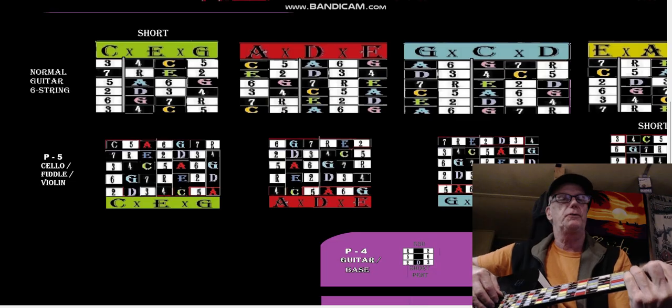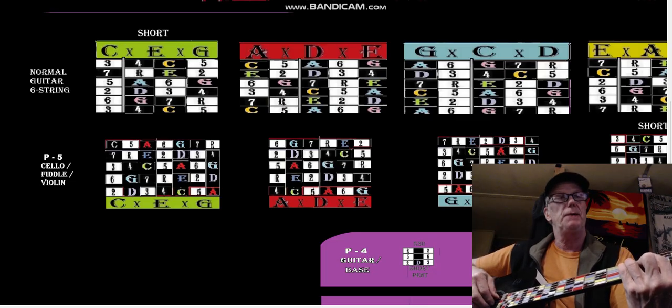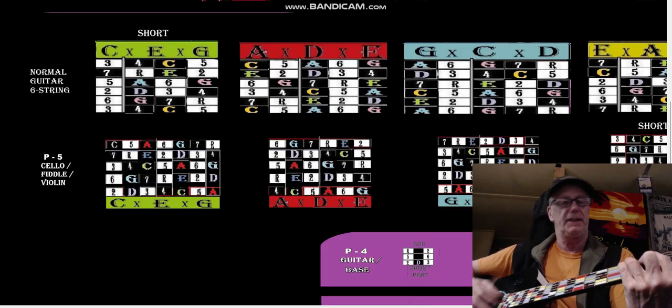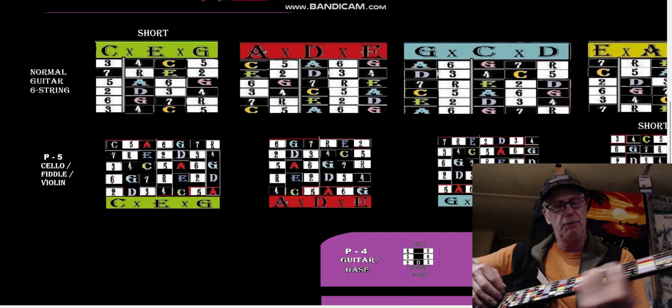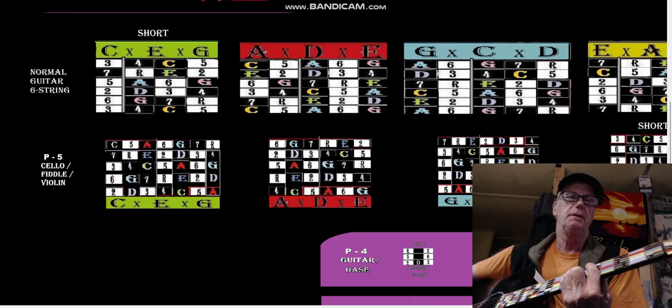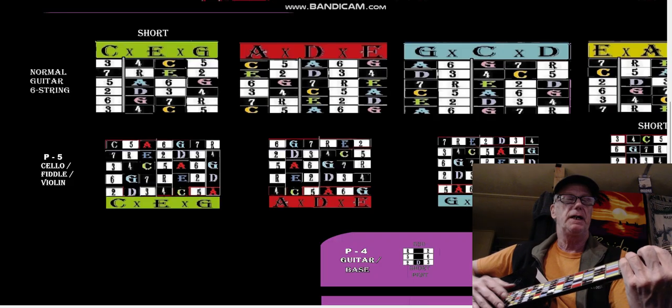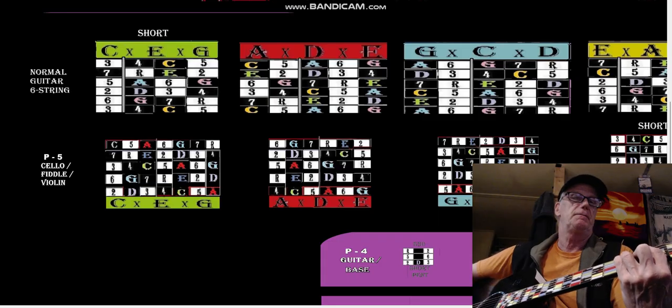and then the fourth, once again, is the E shape. But now, instead of an E-shaped F, which would be up here, we've got an E-shaped D flat.